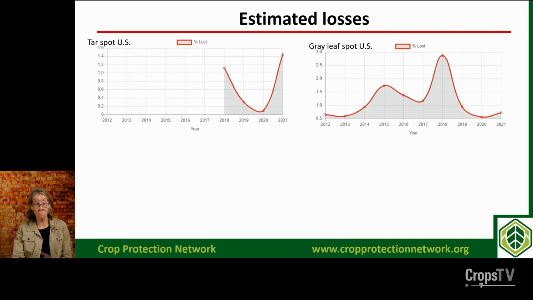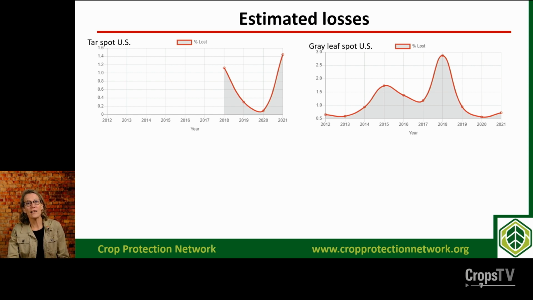And so we have to be mindful, and we have to remember that there are other things that we need to manage. When we look at tar spot compared to gray leaf spot in the United States, you can see gray leaf spot over the period of 2012 to 2021 and the percentage of yield loss compared to tar spot. Of course, tar spot only starts in 2018, and you'll remember that tar spot was first identified in the US in 2017.